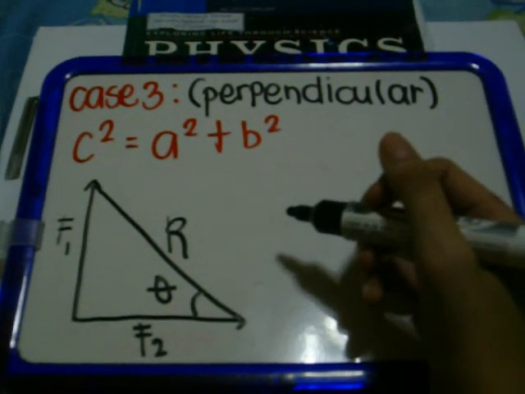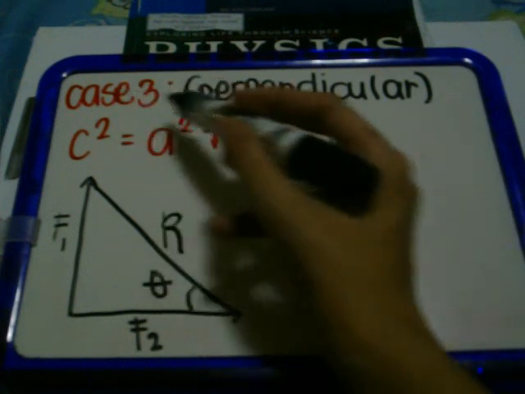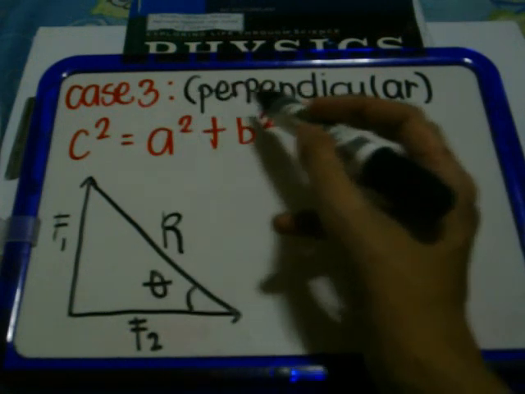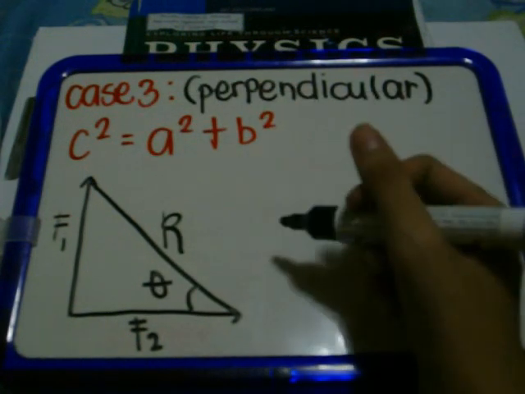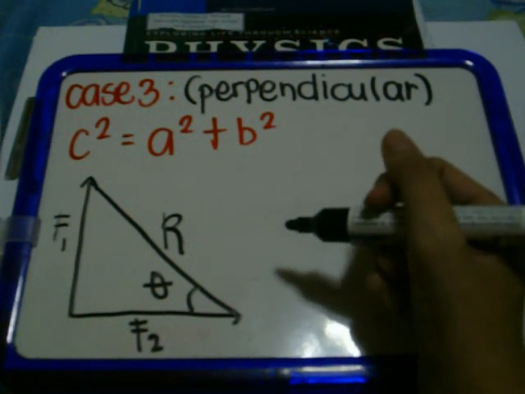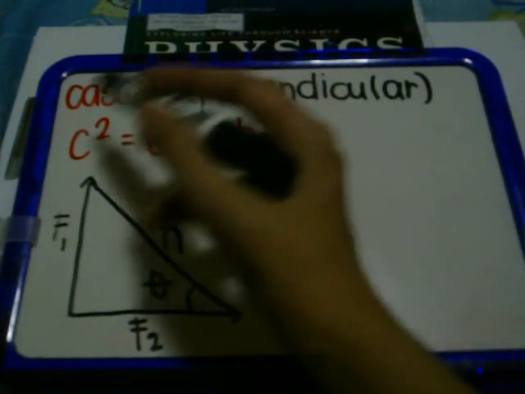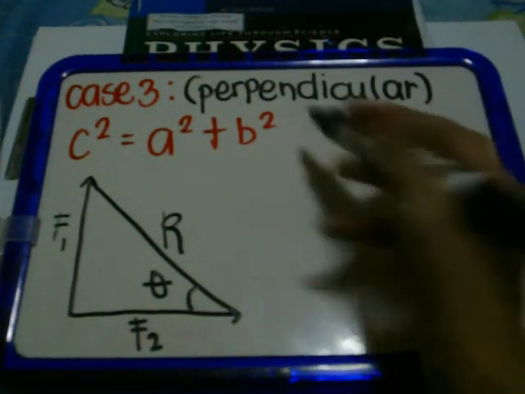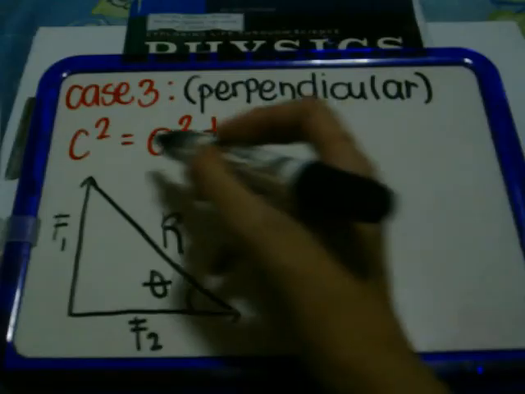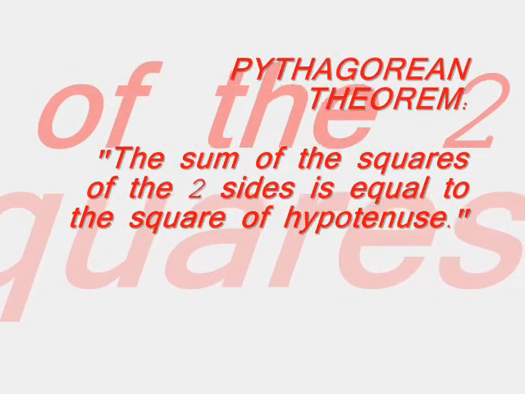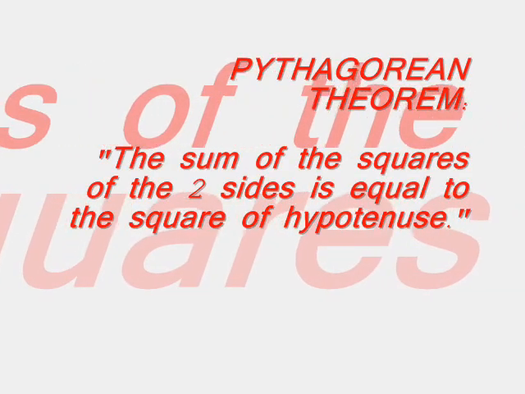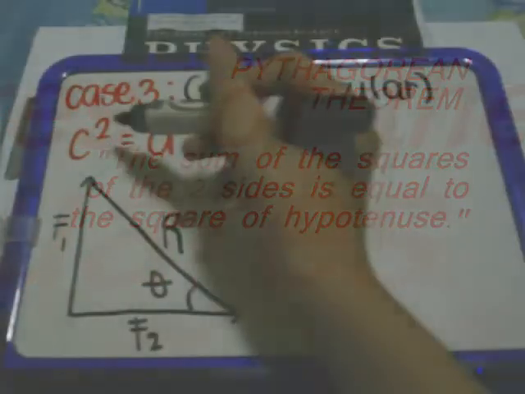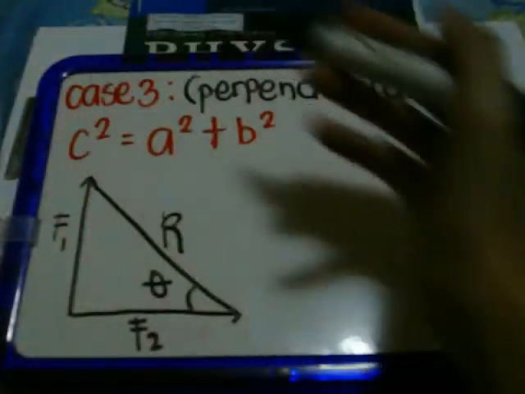For the third case, two vectors acting perpendicularly. For this case, we are to recall what the Pythagorean theorem states. If you remember this formula, the sum of the squares of the two sides is equal to the square of the hypotenuse.